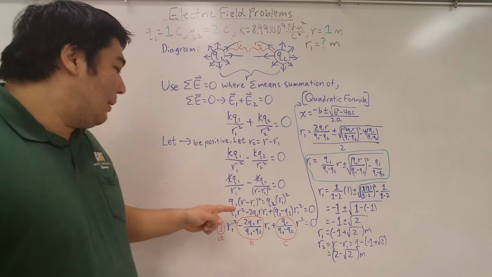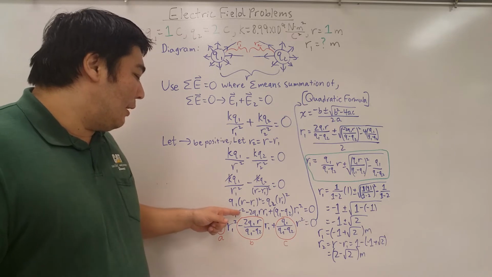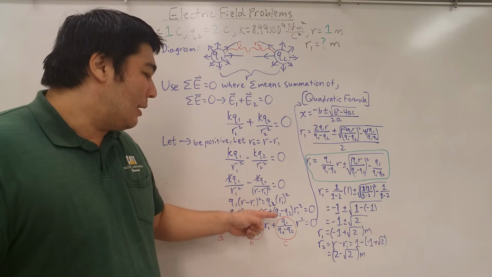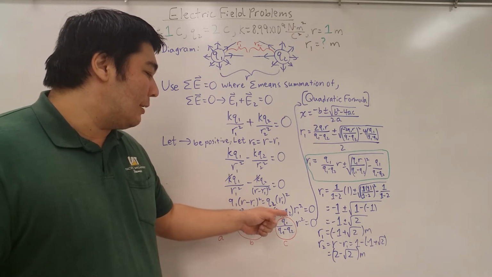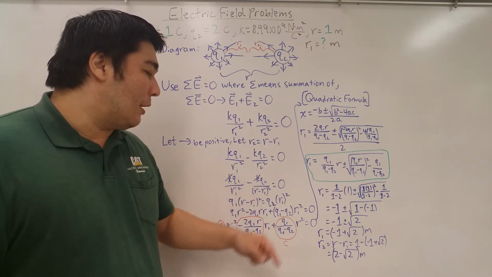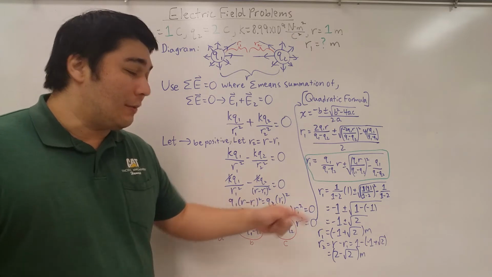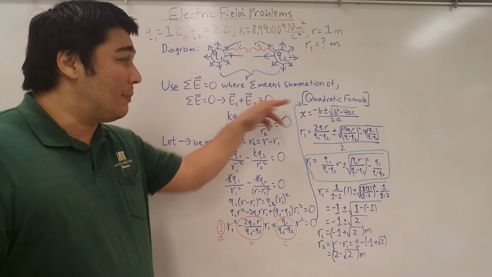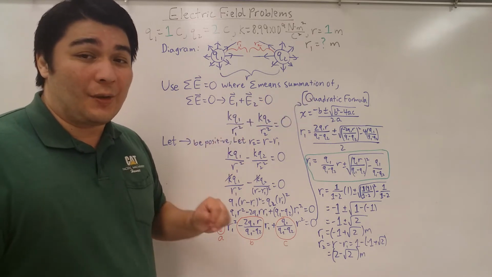So what I get is q1 R squared minus 2q1 R1 plus quantity q1 minus q2 times R1 squared equals 0. Now this is important, because I'm going to use the quadratic formula to figure this out.